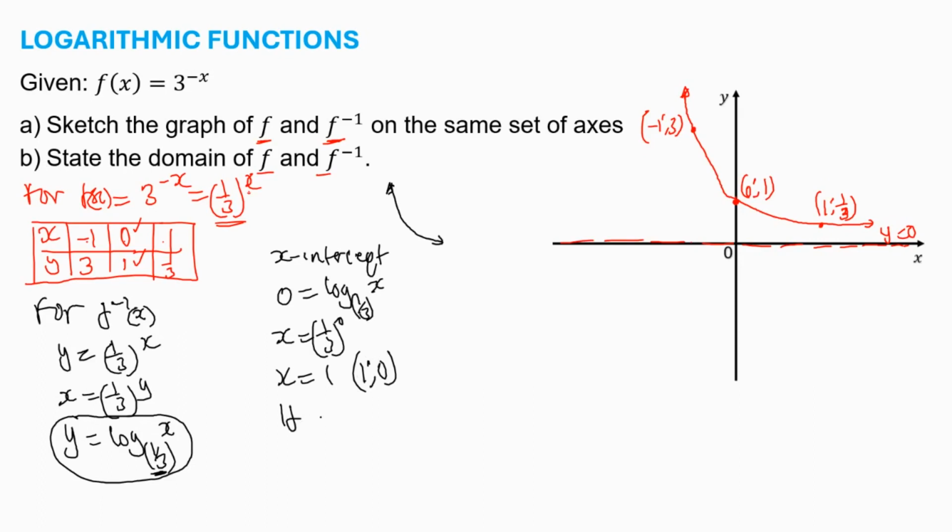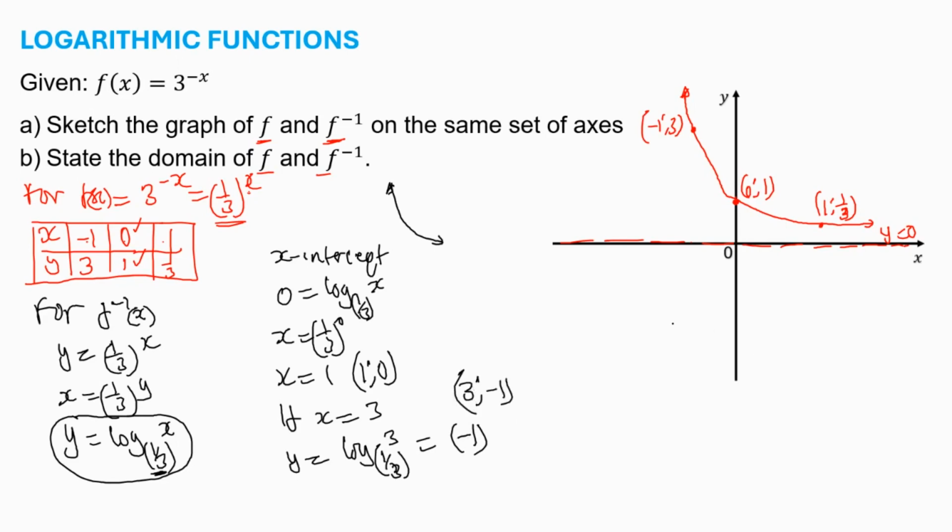If x is equal to 3, then y is equal to log of 3 to base 1 over 3, this will give you negative 1, meaning that any other point is 3, negative 1.